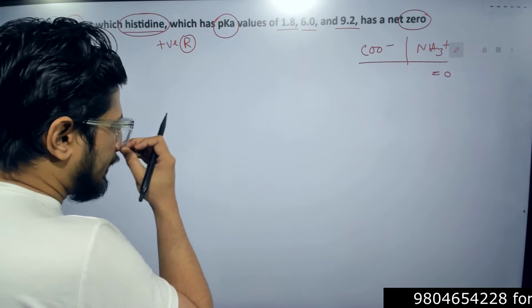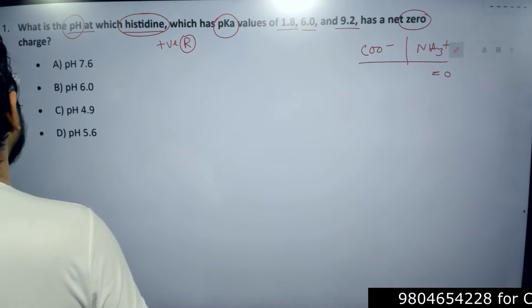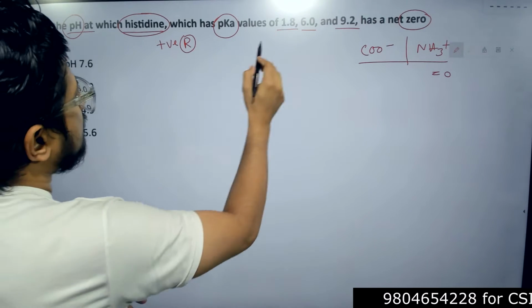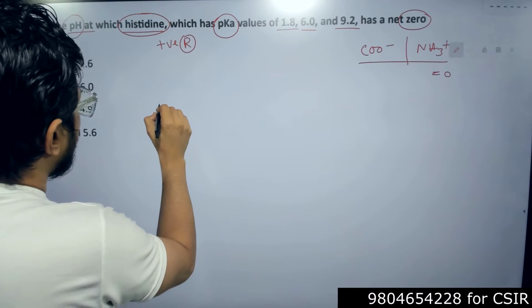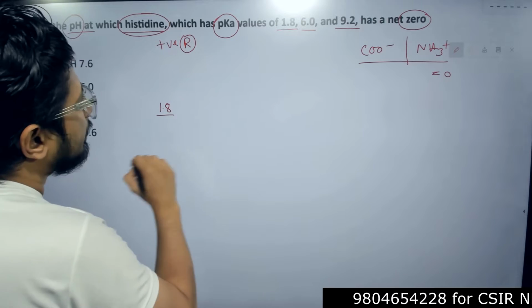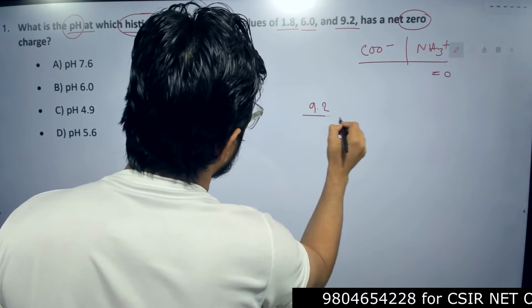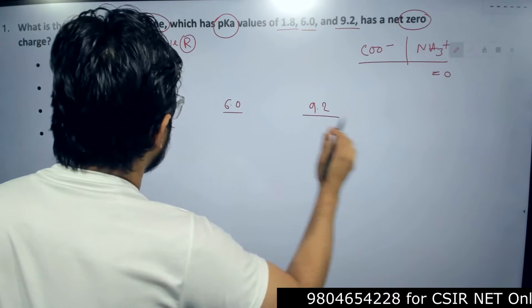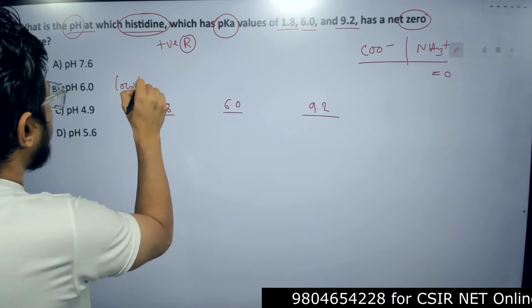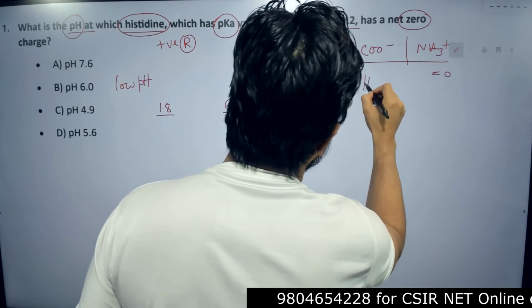If we continue to increase the pH value, where do we increase the pH from? Look here, we have three criteria: 1.8, 6.0 and 9.2. So we are going from low pH to high pH. Let me write low pH to high pH.